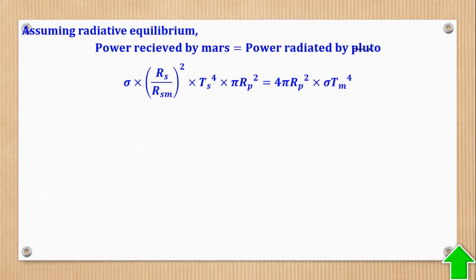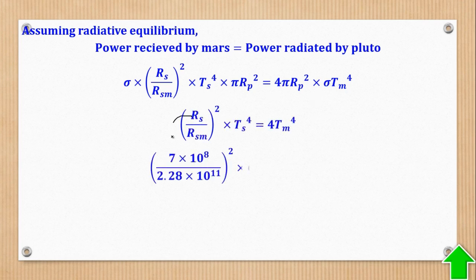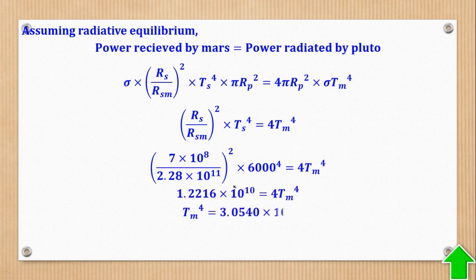So here it is not Pluto, it is Mars, power radiated by Mars, not Pluto. Then we simplify and substitute Rs, Rsm, Ts, and Tm is the only unknown. So make T to the power 4 the subject, and then make Tm the subject. And that will be the answer they wanted.